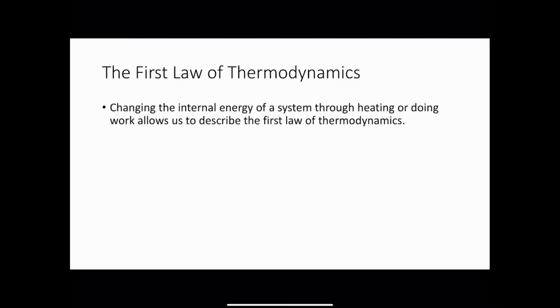You will know that if we change the internal energy of a system through heating or doing work, then we can define what is known as the first law of thermodynamics. Here, if we think about it, our system is a volume of space filled with gas, and just like in any other systems that we have in physics, we can have them either open, i.e. we let gas flow in and out, or we'll have them closed, which does not let the gas escape.